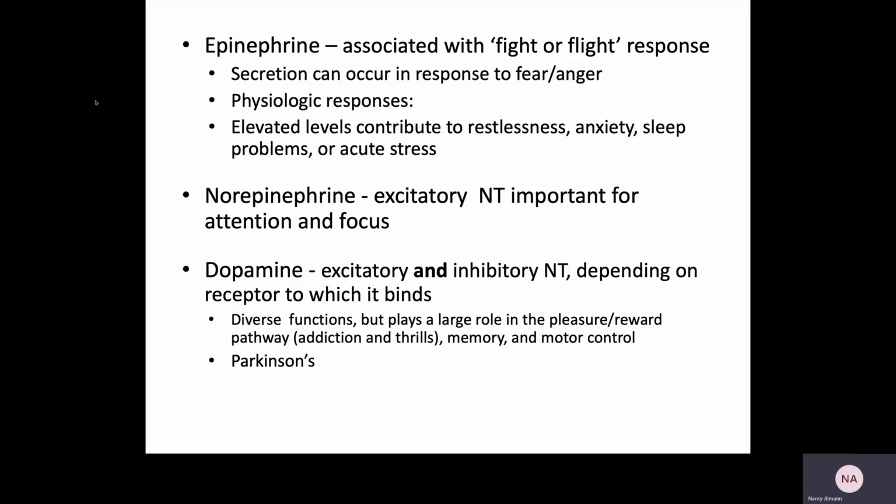Norepinephrine is another excitatory neurotransmitter that is going to help you be attentive and focus. Dopamine can either be an excitatory neurotransmitter or an inhibitory neurotransmitter. It depends on the receptor to which it binds. It's going to play a number of roles and have a number of functions. It's going to play particularly important roles in the pathway for pleasures and rewards and addictions and thrills, or addictions to thrills.